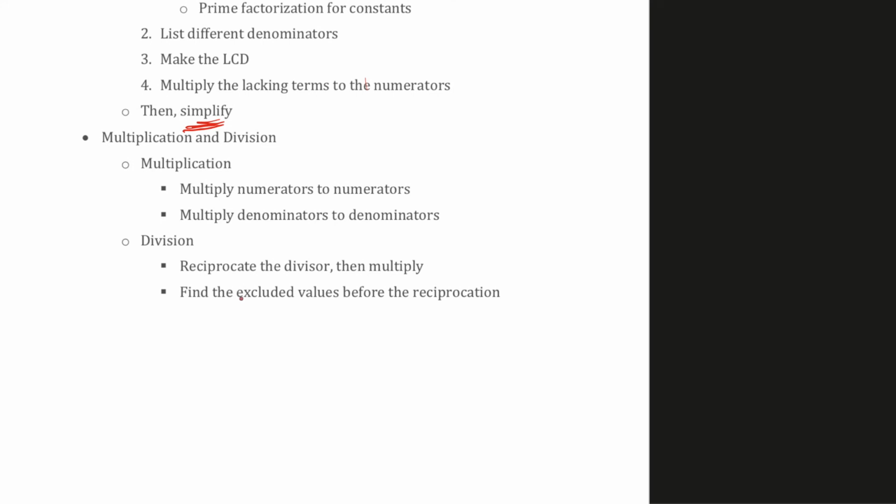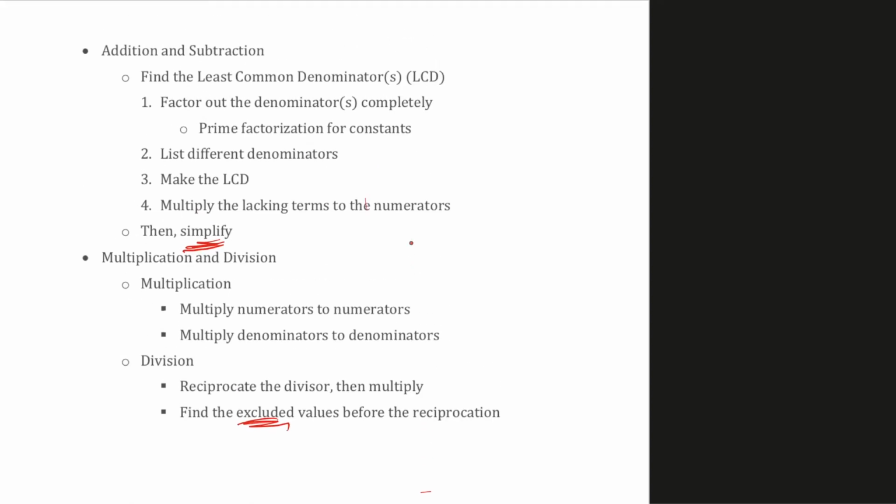Oh, for the division, you shouldn't forget the excluded values or the holes, the discontinuities, for both the thing that you're dividing and the thing that will divide. Look at the excluded values before you do the operation, okay?